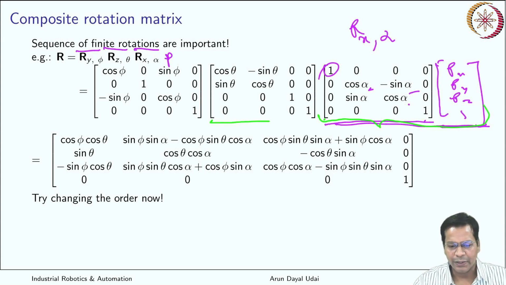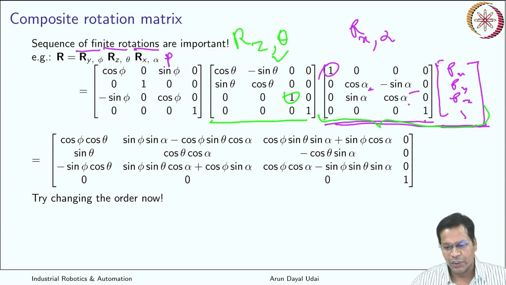Now you apply a second transformation. The second transformation says rotation about the z-axis by an angle theta. So this was initially P, then you came to P dash. Now P dash is acted upon by this rotation matrix, so you will reach a new point, that is P double dash.